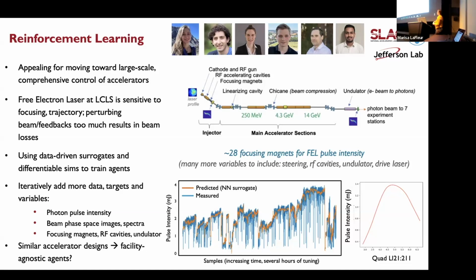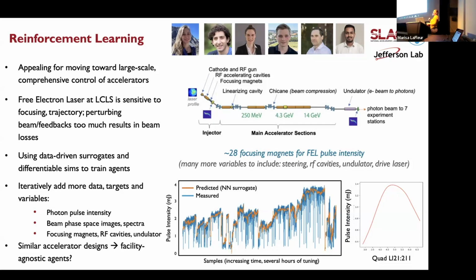And one interesting thing to note here that also touches on, I think, some of what was described in the earlier talk today is that we have a lot of accelerator facilities that actually share very similar design templates. And so there is this idea of, can you design an RL agent that could perform similar tasks on different accelerator facilities and transfer between them readily?